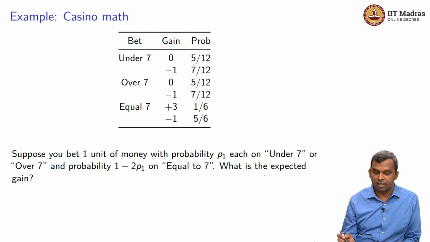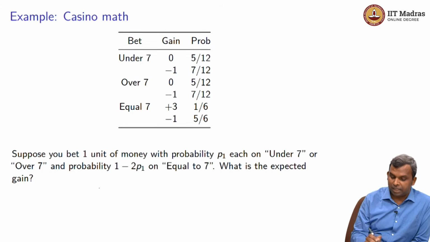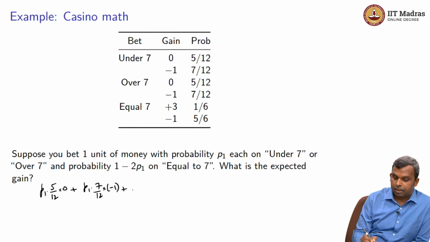This is an interesting question. This is the probability with respect to the gain. If you have to find the expected gain with this betting strategy, you will have this probability P1 entering the picture, right? So it's going to be P1 times 5 by 12 times 0 plus P1 times 7 by 12 times minus 1.